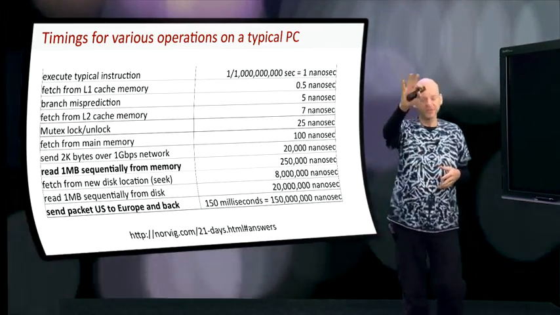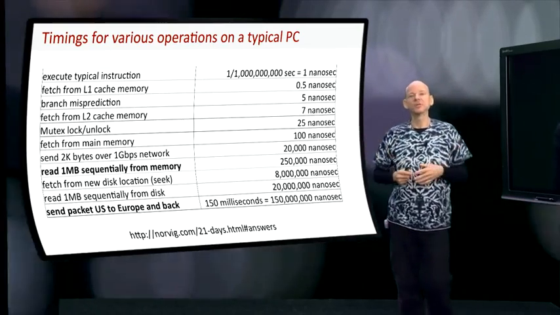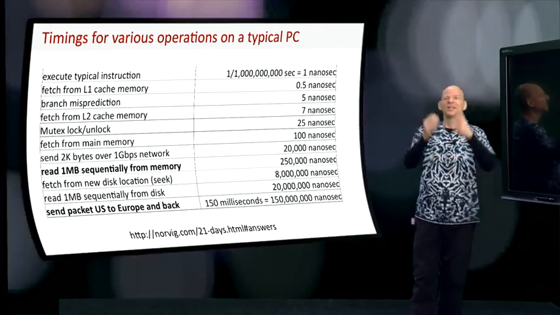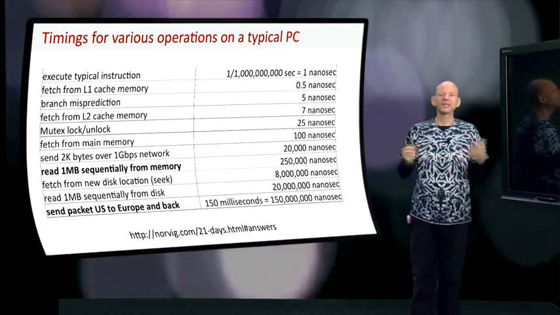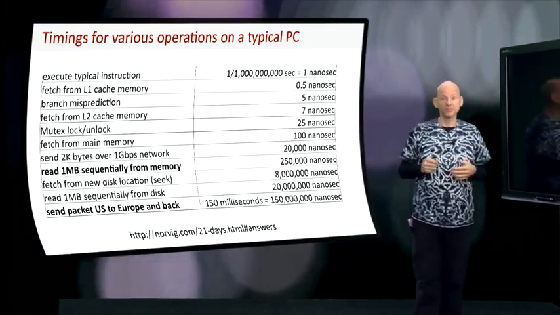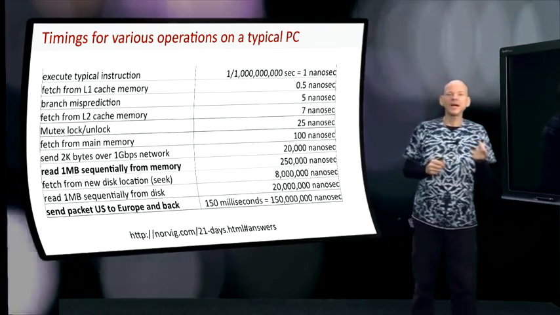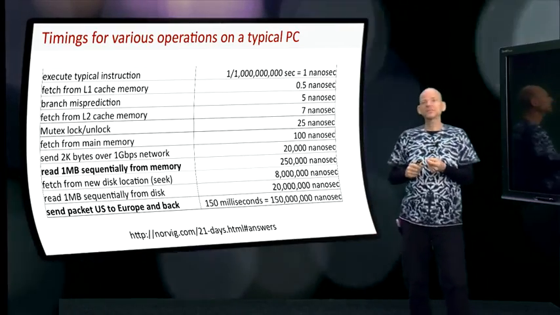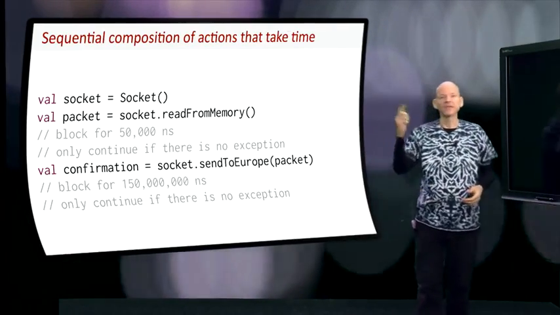And notice that a lot of these times are limited by the speed of light, so we cannot do much about them. Now, I don't know about you, but for me, I have no clue what 150 milliseconds means or what 1 nanosecond means. So let's take these numbers and turn 1 nanosecond into a second, and then calculate weeks, months, and years from that.